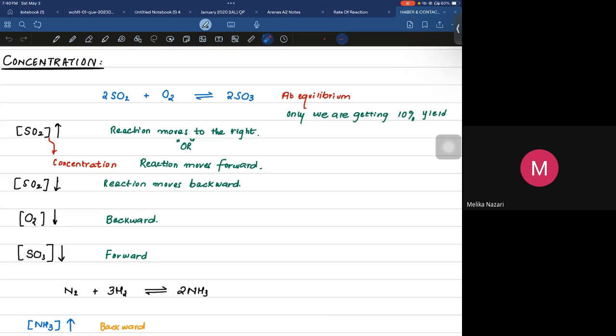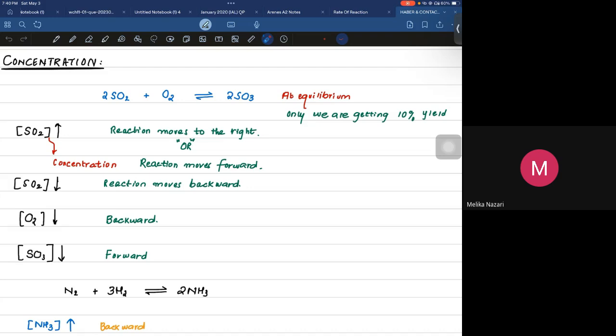So we have to learn how he did that thing. Now we will be discussing how we can increase the amount of product whether the reaction is reversible. Are you getting my point?